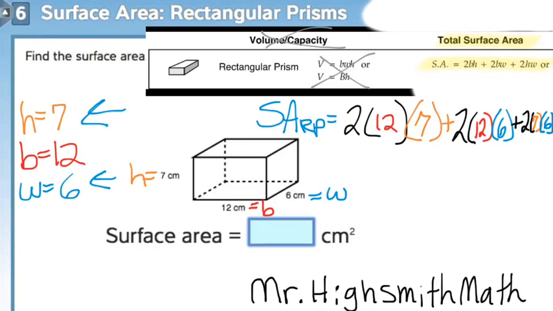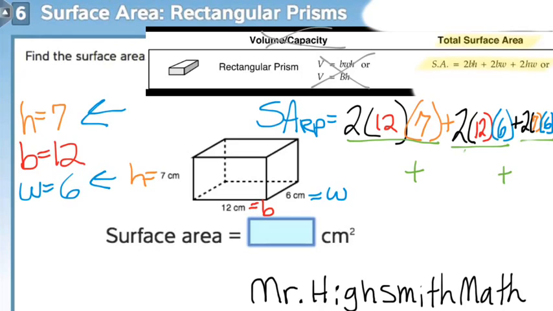Alright, order of operations tells us to do multiplication first of each of those 3 numbers. So you're going to get some number here, plus another number, and then plus another number. And you can't really skip those order of operations steps. You can't do 2 times 12 times 7 in your calculator plus 2 times 12 times 6, plus 2 times 7 times 6.